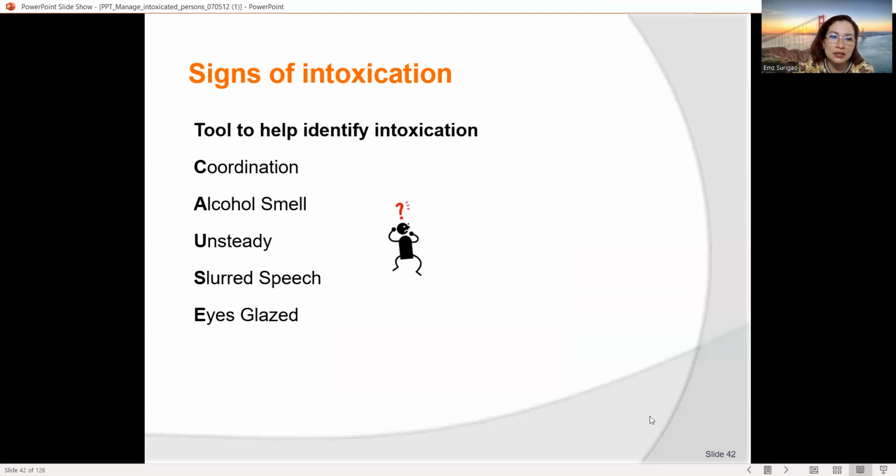Signs of intoxication, a tool to help identify intoxication: coordination, whether they can still walk and manage themselves, alcohol smell, unsteadiness, they cannot stand well, slurred speech, and glazed eyes.